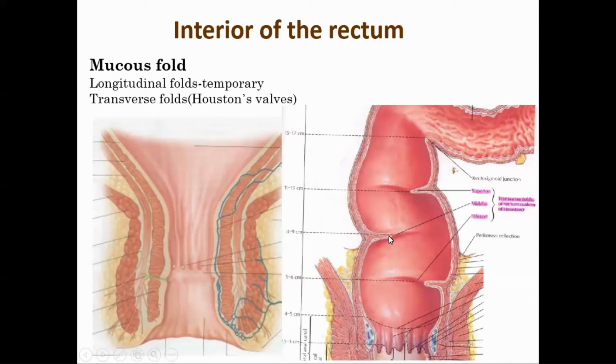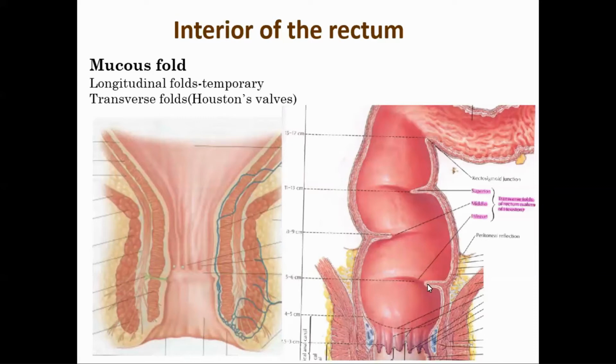Now the second valve, the middle valve, is present opposite the middle lateral curvature, and it is present on the right lateral wall of the rectum.